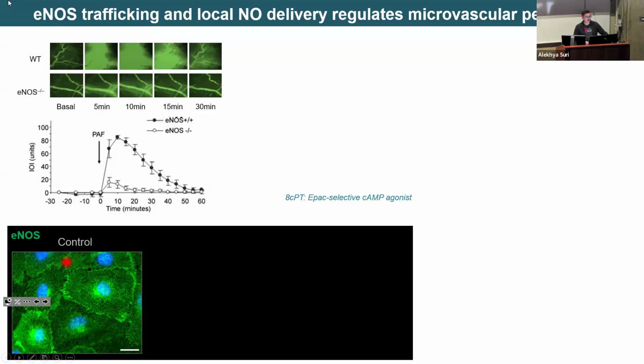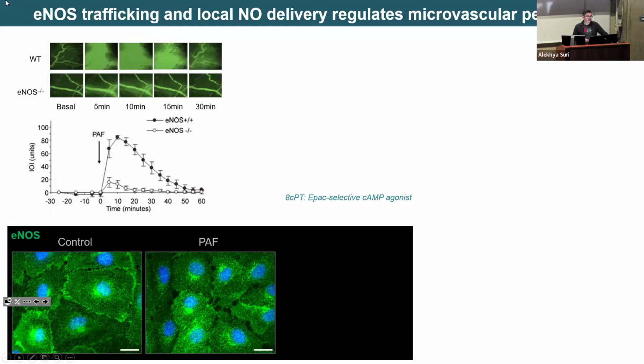Under control conditions, a significant portion of eNOS is actually found on the cell borders, on the cell membrane, right? When you stimulate these cells with a pro-inflammatory mediator such as PAF for 3 minutes, eNOS disappears from the membrane, right? You don't really have that very nicely delineated, localized eNOS on the membrane, right?